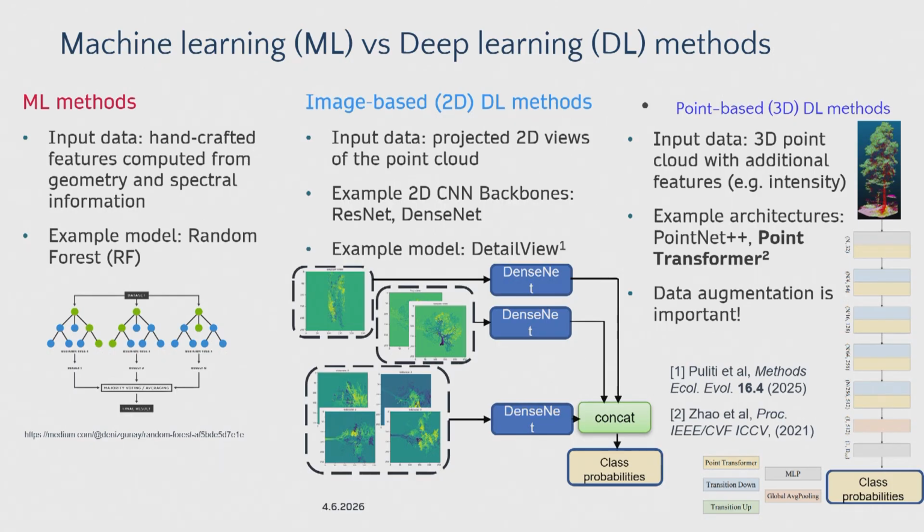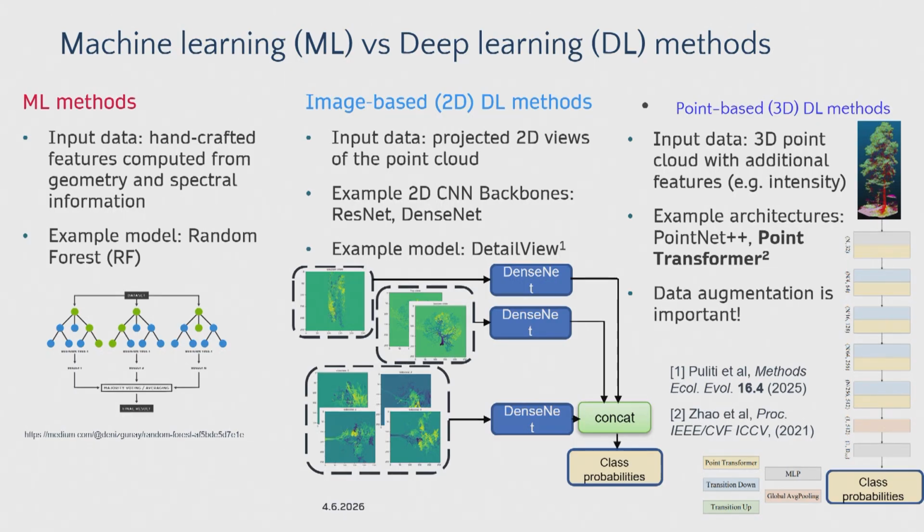Related to the image-based deep learning methods, we were using especially this one here, DetailView. DetailView was actually the winner in a previous tree species competition.